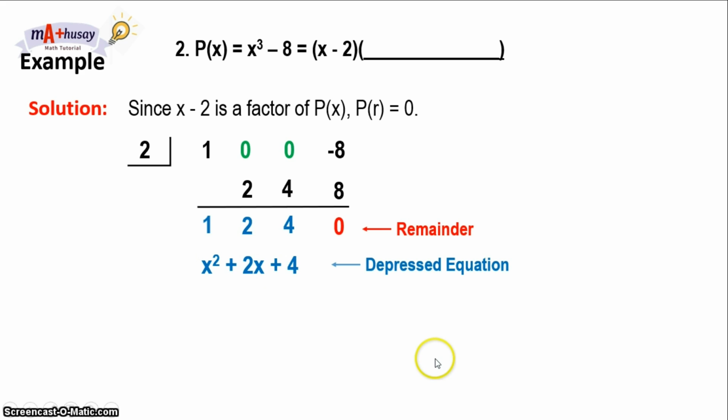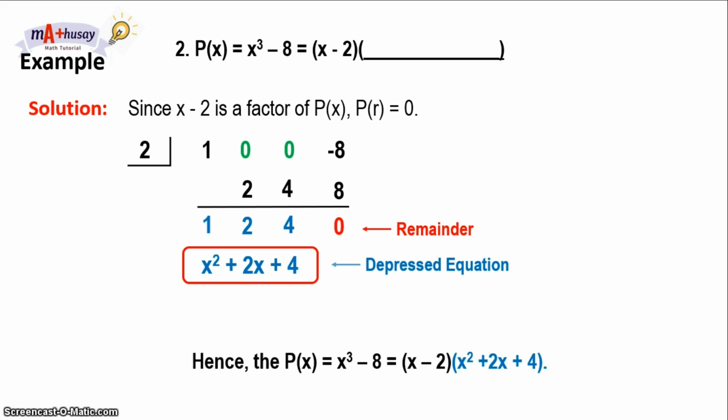Going back to our depressed equation, x squared plus 2x plus 4, the question is, can you still factor this one? In this case, you cannot factor this out. So the other factor of p of x equals x cubed minus 8 is x squared plus 2x plus 4.